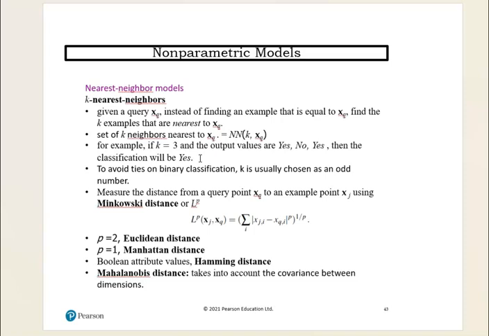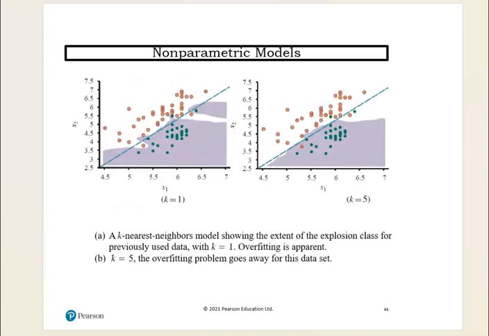Okay, so if you look at the decision boundary here for k nearest neighbors, on the left we had k equal 1, and on the right we used k equal 5. The boundaries are defined by that shaded area.